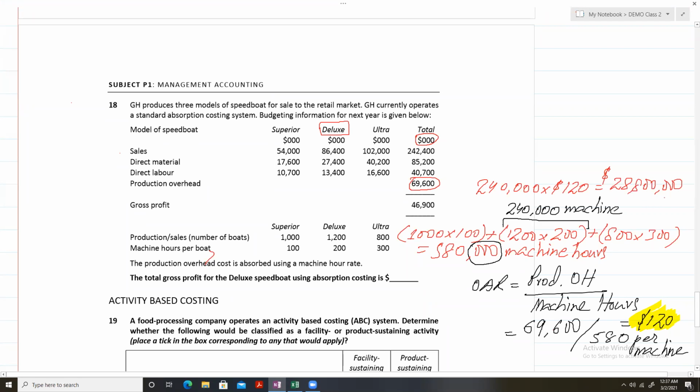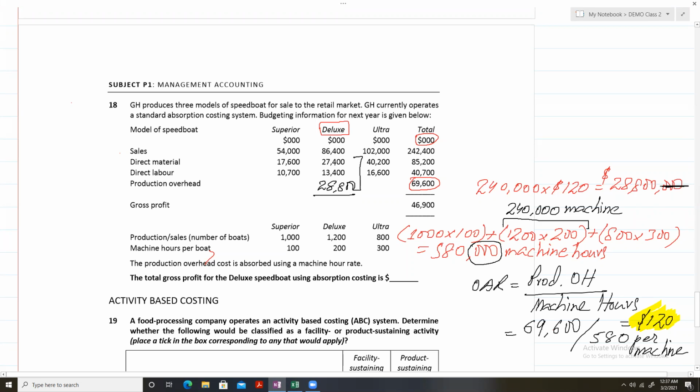And when you round this figure to the nearest thousand, it becomes 28,800. So we need to deduct 28,800 from this. Just take sales revenue 86,400 and subtract these three figures to get your answer.